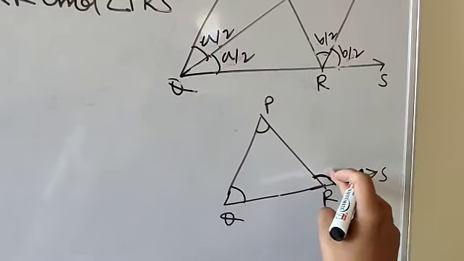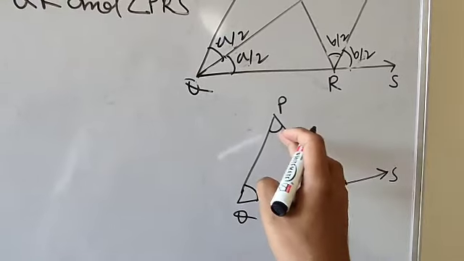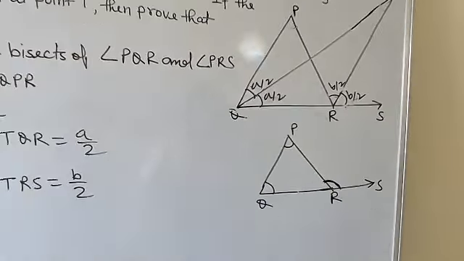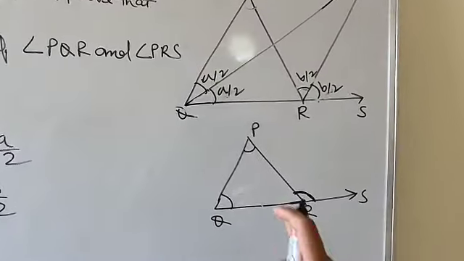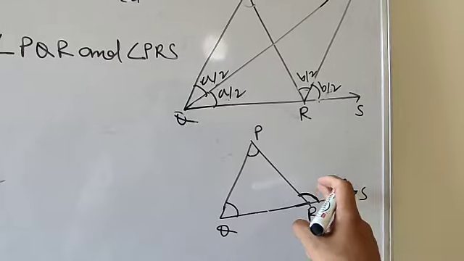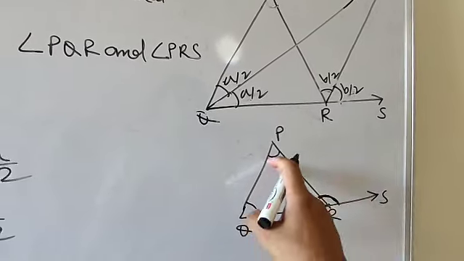That is the exterior angle. So this exterior angle will be equal to the sum of the two opposite interior angles. That is the theorem I explained in the very beginning of this exercise. For a triangle, if you extend one of the sides, then the exterior angle equals the sum of the two opposite interior angles.